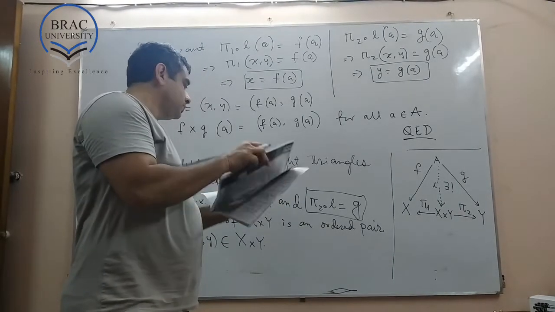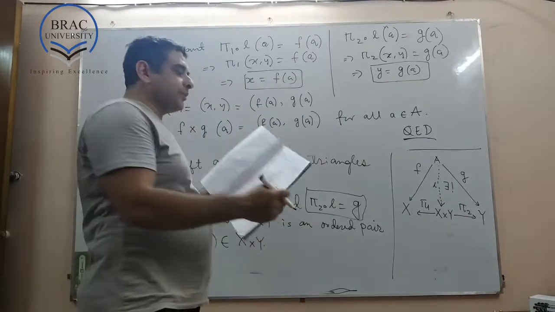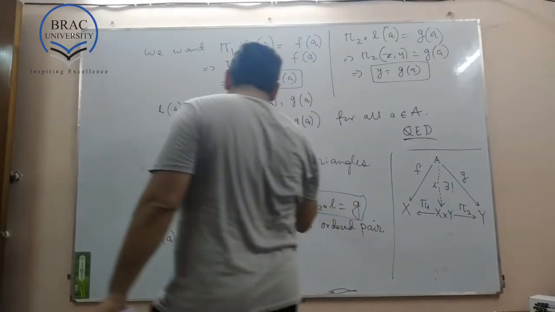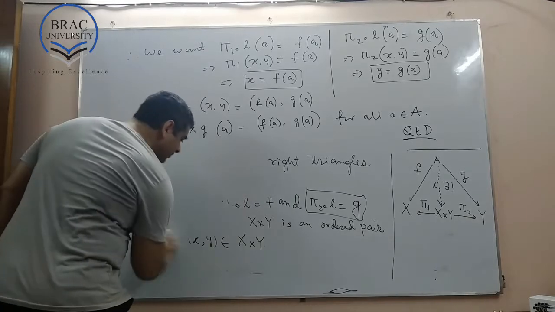Okay, so now let's get back to the breed of dogs example that we had earlier to explain the product of two sets.